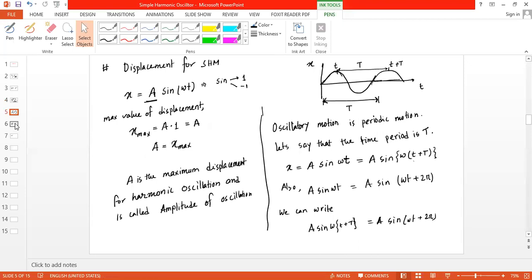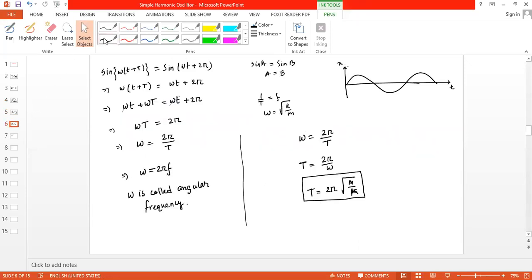If I write my displacement as x equals a sine or cos, whatever, of omega t plus theta, this theta is called the epoch angle. It basically determines the initial angle of the motion.